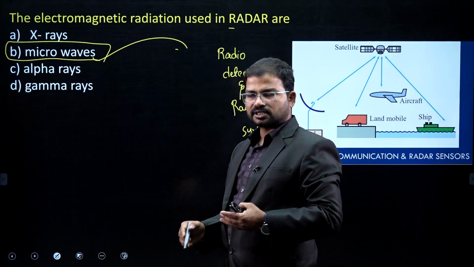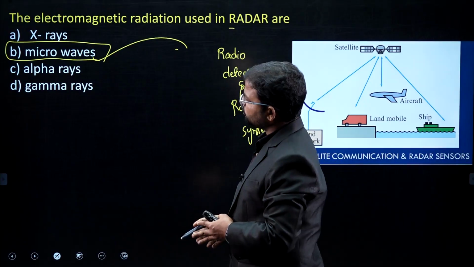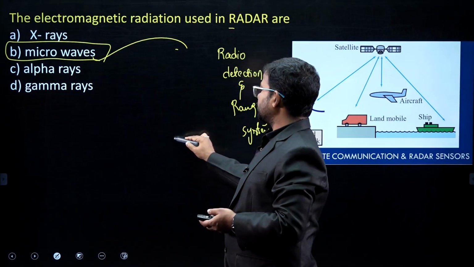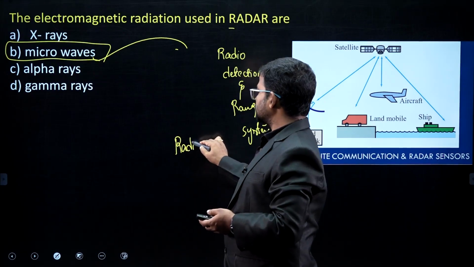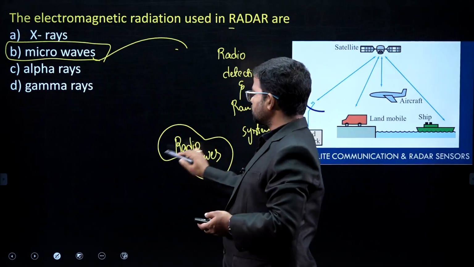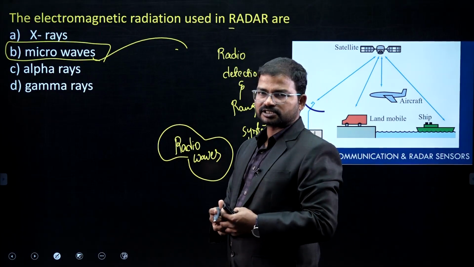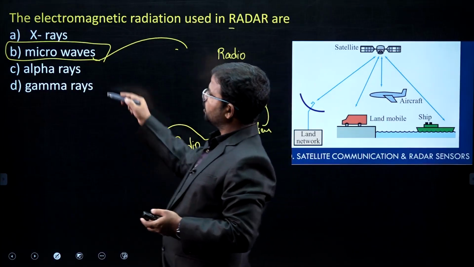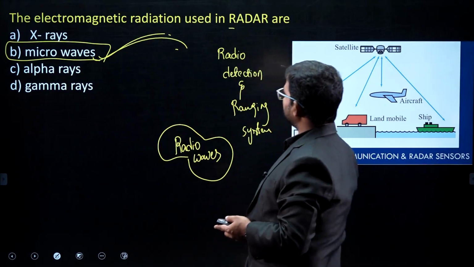If there is no such option, then you can consider radio waves. These two are used in communication devices, but here they mention microwaves, so option B is the right answer.